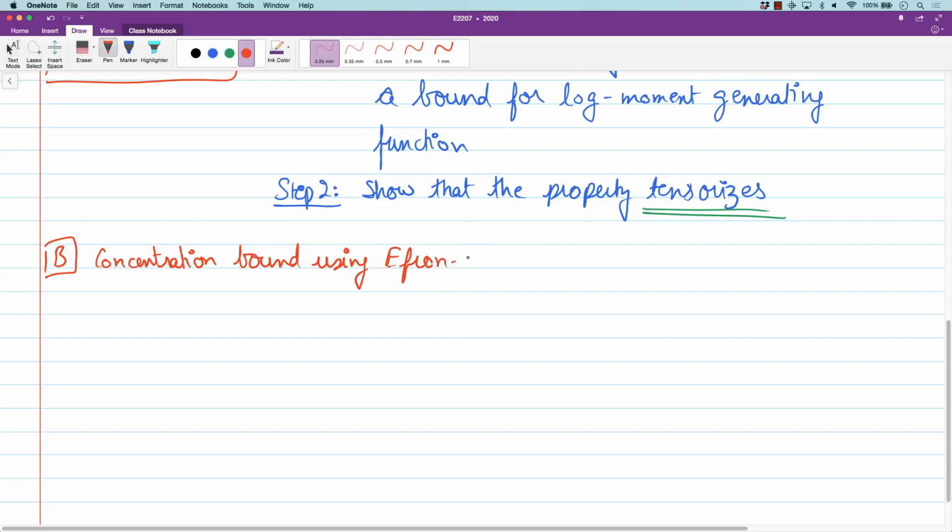Okay. So we'll have to do two things, as we said. We first have to identify this property, and then we have to see that that bound tensorizes. The tensorization part we will see will follow from Efron-Stein inequality.